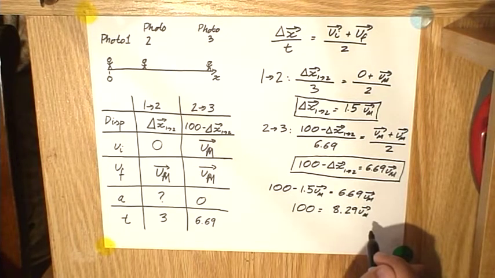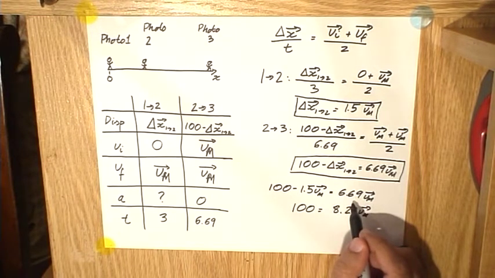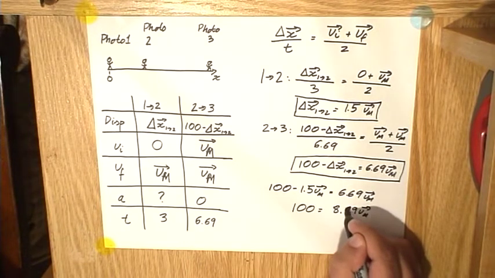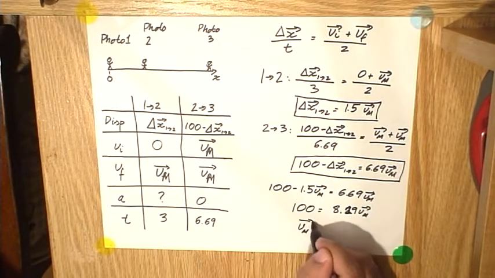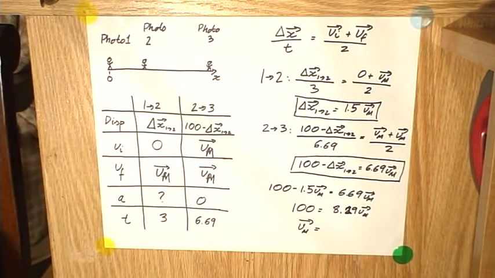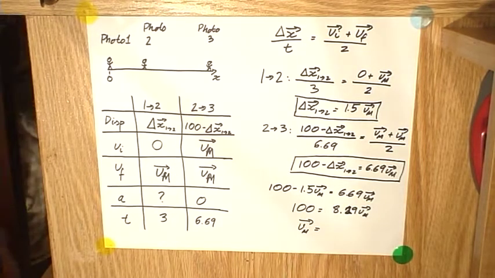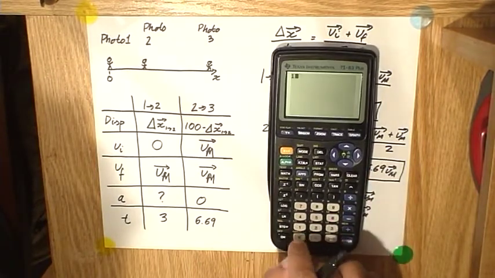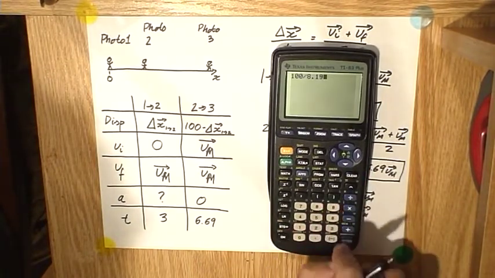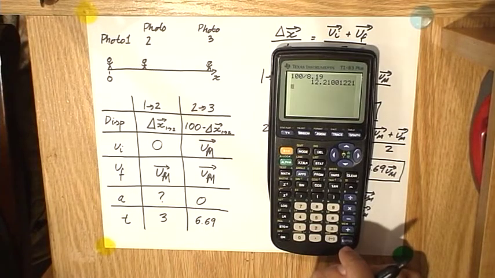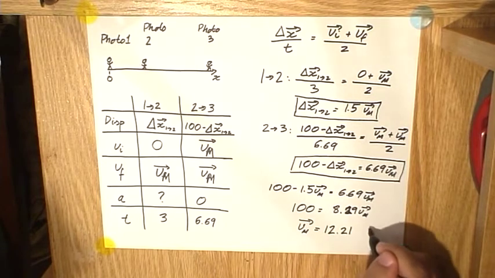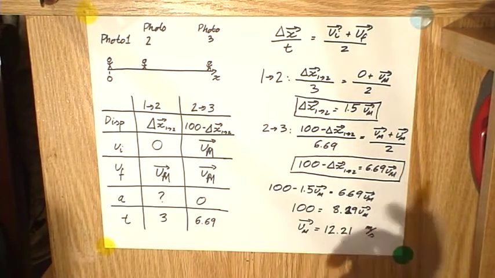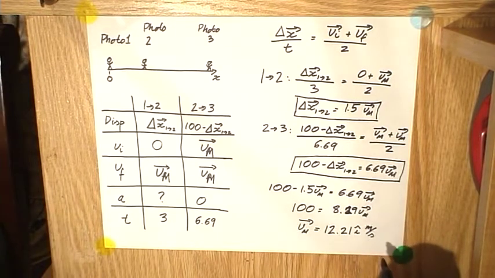Is that correct? No, it should be 8.19 Vmax. So now we can solve for Vmax. Vmax equals 100 divided by 8.19, which is 12.21 meters per second. And since we were doing everything in the x direction, this should be i hat.